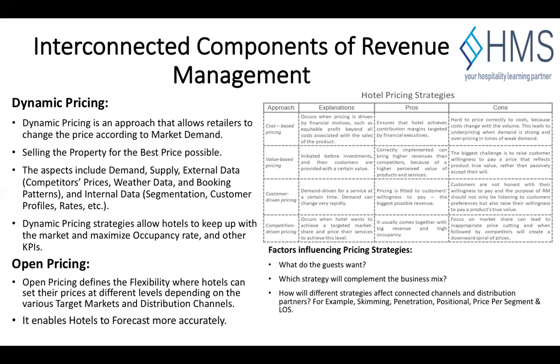However, consumers need to clearly understand the reasons they would like to pay more for staying at the hotel. So it is again a very profitable pricing strategy. Penetration would lead to positioning the hotel as the cheapest in the market, and you need to be mindful of how travelers will perceive the hotel. You need to retain the opportunity to sell at higher rates, because pricing and positioning also play a vital role.